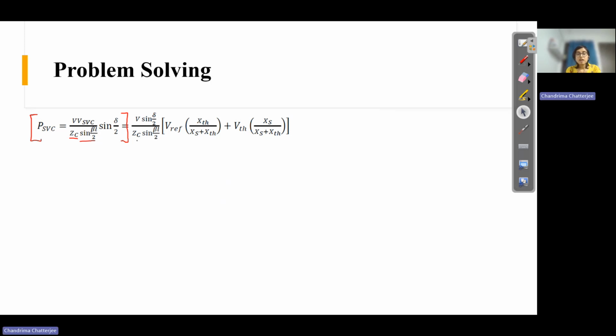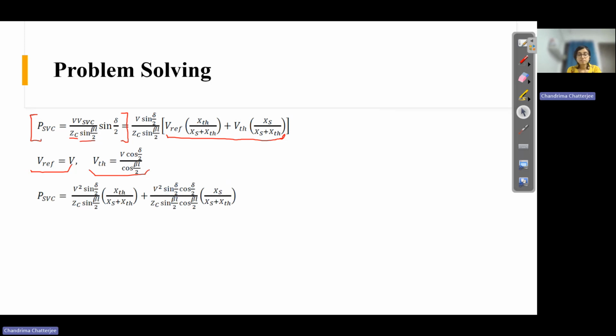So after we replace the expression of VSVC by this, so this we found out, right? So this expression, you will get two parts, like this.